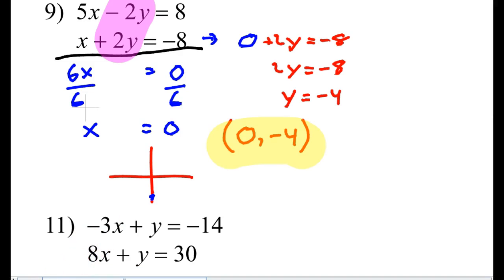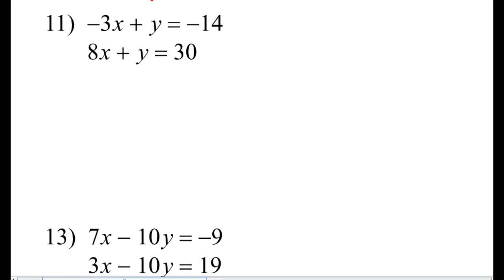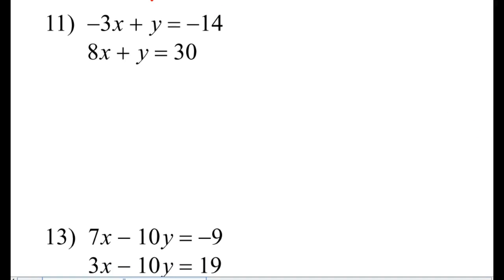Now take a look at number 11. What's different about 11 and thereafter? If you try to do it here, and you try addition method, you get 5x, and you get 1 plus 1, which is 2. It does not cancel out.